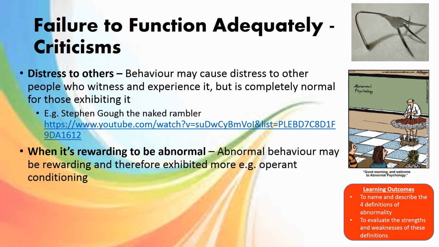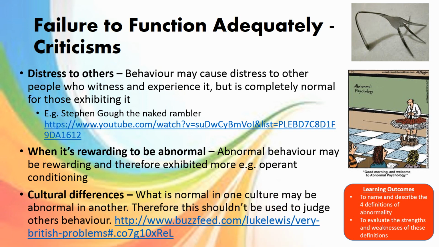Sometimes people attach a lot of meaning to that identity and therefore they're quite happy to be abnormal. And again, thinking about cultural differences, what is normal in one culture may be abnormal in another. We can't really judge other people's behaviour in that respect. I've got a link there talking about very British problems which would seem absolutely strange in other cultures.